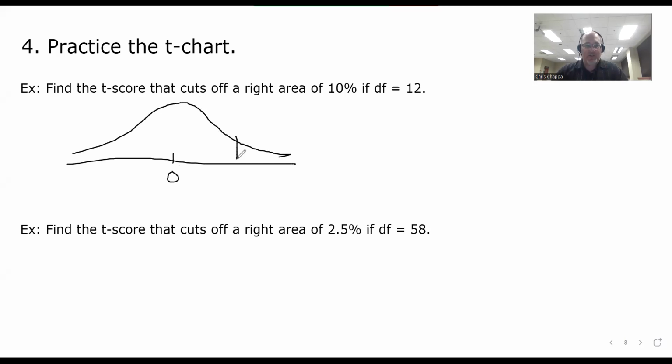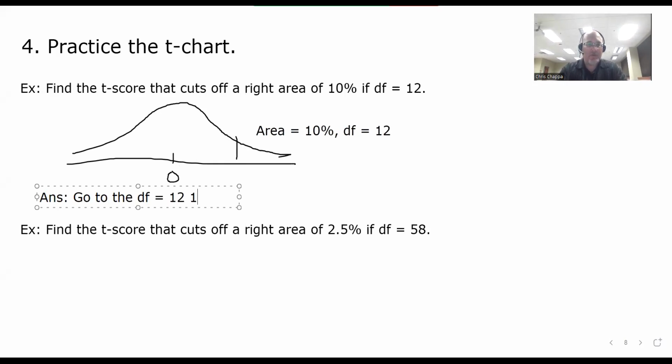We're looking at a 10% in the right area. Area equals 10%, and degrees of freedom is equal to 12. So this means go to the df equals 12 row and the 0.10 column.